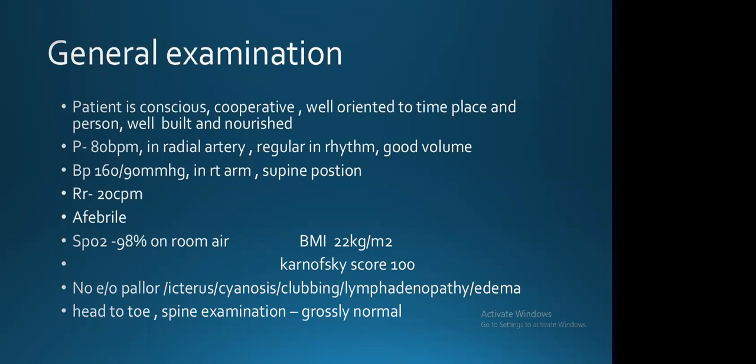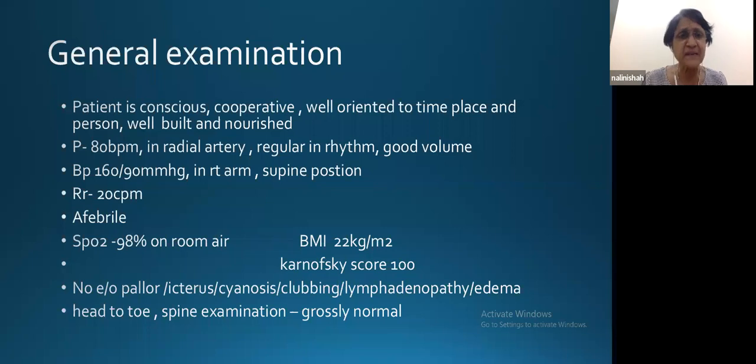So BP should be checked in more positions, right? In one or two arms, something like that. What is the routine, Nalini? There's a strong bias here because you are looking at the examination findings from a urological perspective.